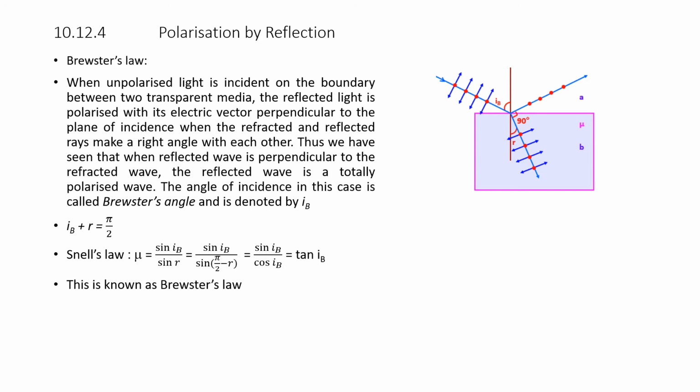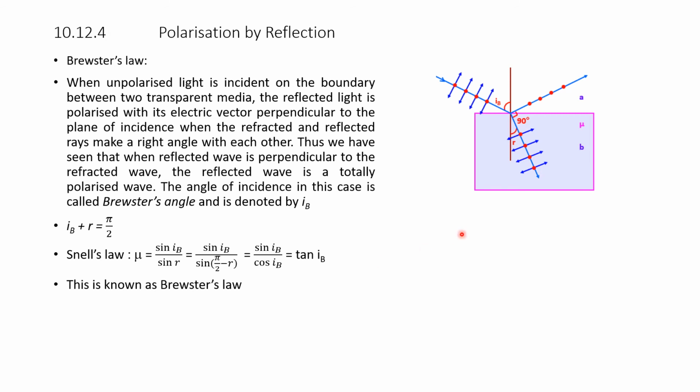From the trigonometrical ratios, we know sin of 90 minus r is cos i b. Therefore, this can be written as sin i b divided by cos i b, that is equal to tan i b. This is known as Brewster's law, that is, mu is equal to tan i b.